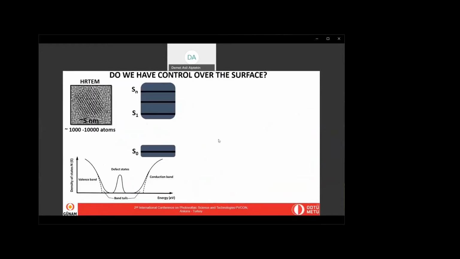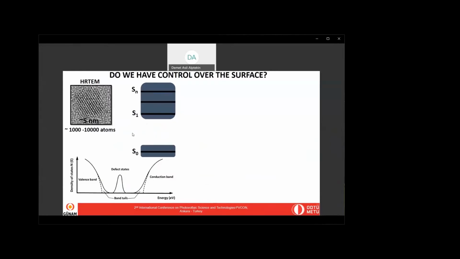The first problematic issue related to quantum dots is their surface. As their size is very small, most of the atoms are residing on their surface. Yeah? So therefore, surface atoms become very important. If we have control over the surface, we have control over everything.